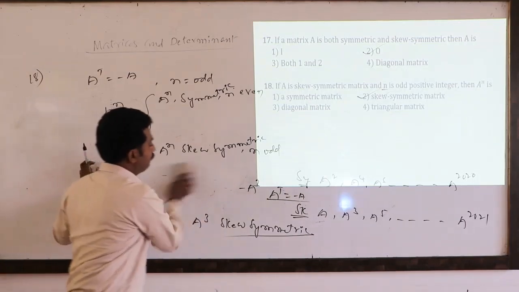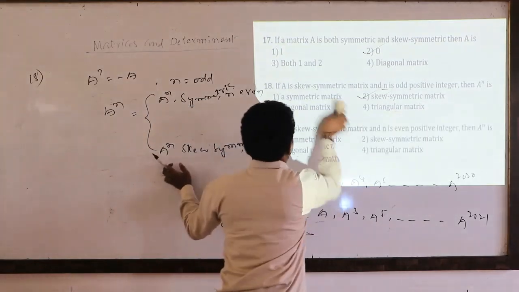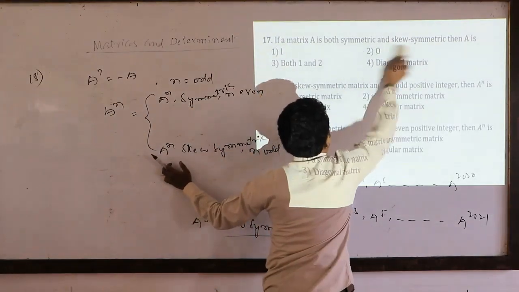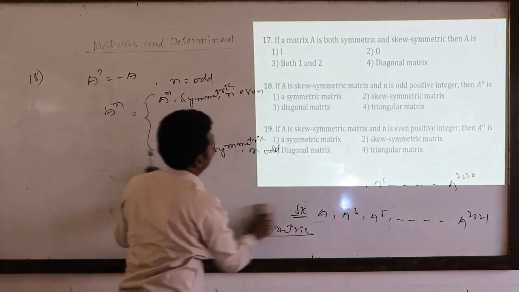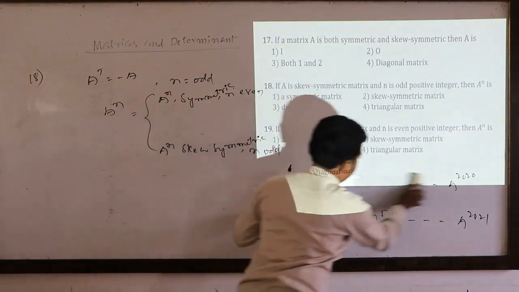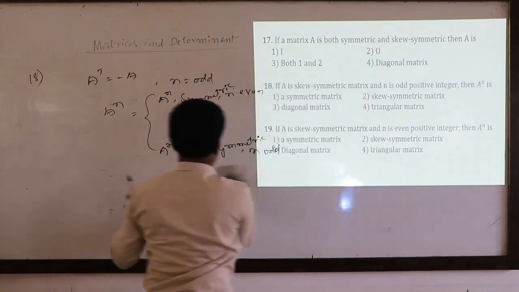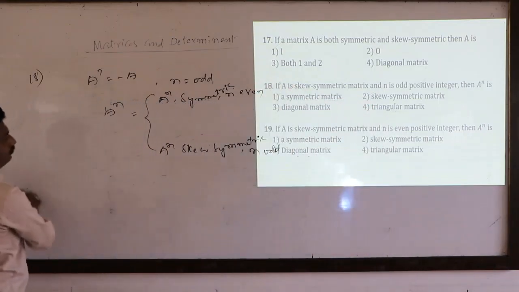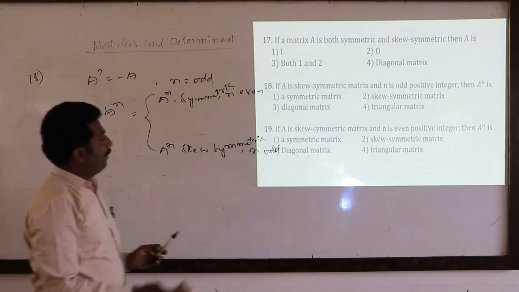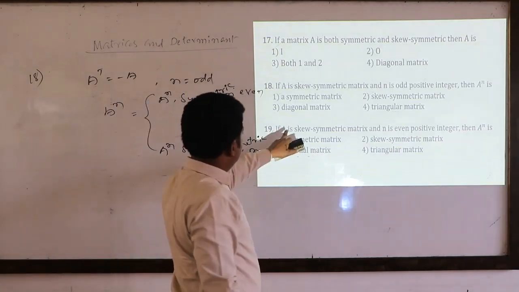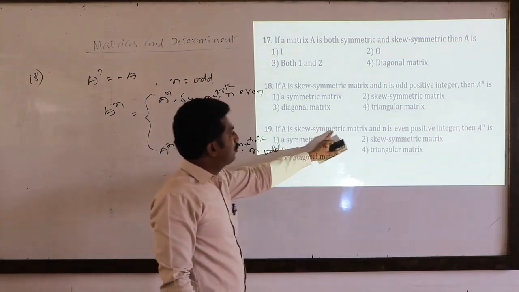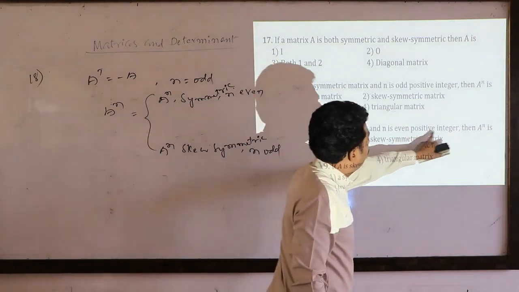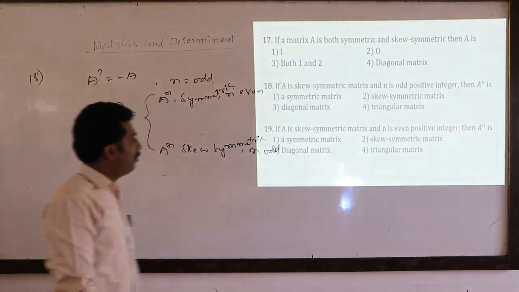Next, next question. If A is a skew symmetric matrix and n is an even positive integer, then what is A power n?